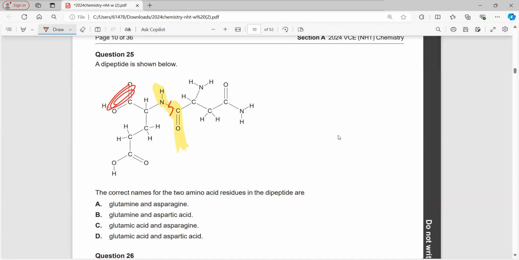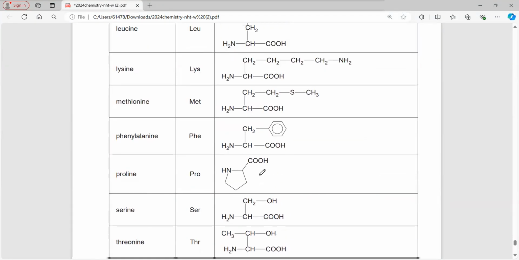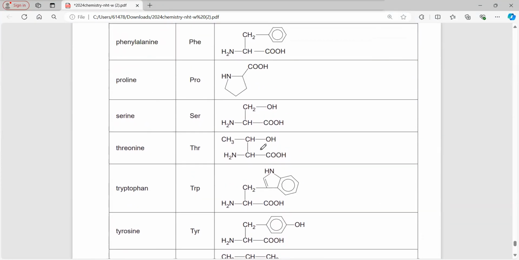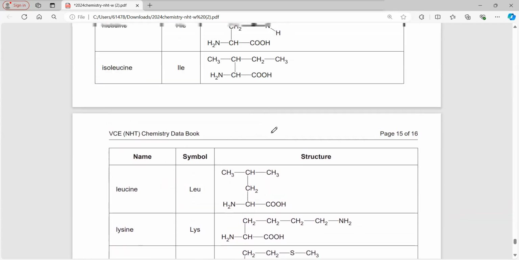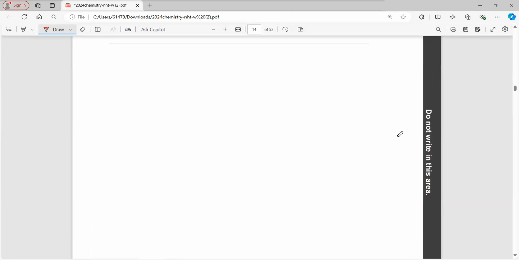So that's the carboxyl group, that's the NH group, so this is what our R group would look like: CH2, CH2, COOH. Now we go down to the bottom to see where CH2, CH2, COOH is. Yes, that's glutamic acid. So it's glutamic acid.